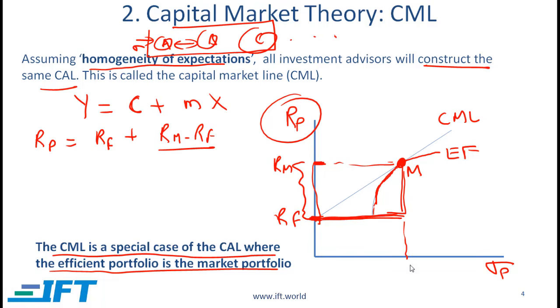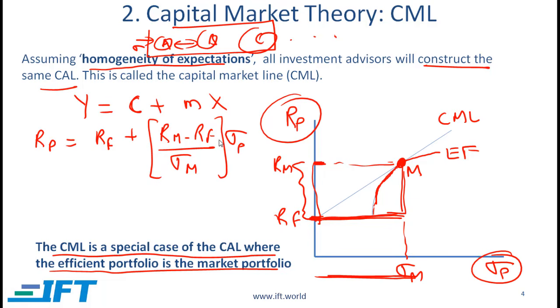This point over here is the risk of the market. So this distance is simply the risk of the market. That then becomes our slope multiplied by the x variable, which is the risk. What we have done here is derived the equation for the capital market line.